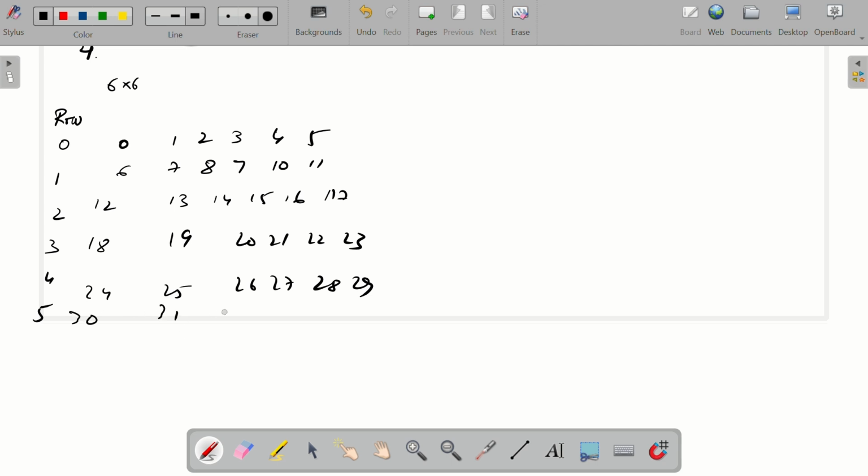Similarly, you have 30, 31, 32, 33, 34, 35. This is my 6 cross 6 image, and I want to reduce the dimensions by using pooling. So we'll discuss iteration by iteration what is happening in my algorithm. We'll then move on to the code.